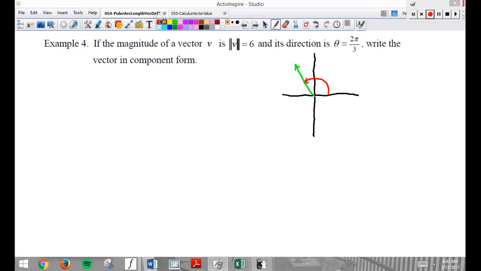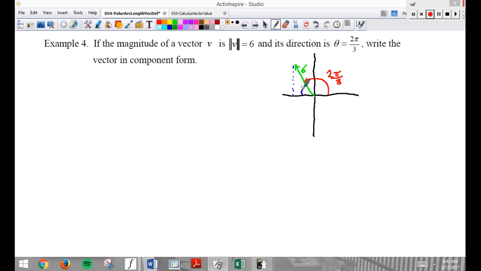So this should be eerily reminiscent of polar coordinates. And it is. It's very similar to polar right here. Nope, not that lesson yet. So if I have an angle 2 pi over 3, this angle here, that's a pi over 3 angle.